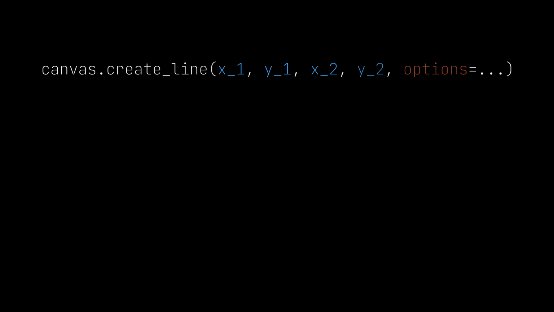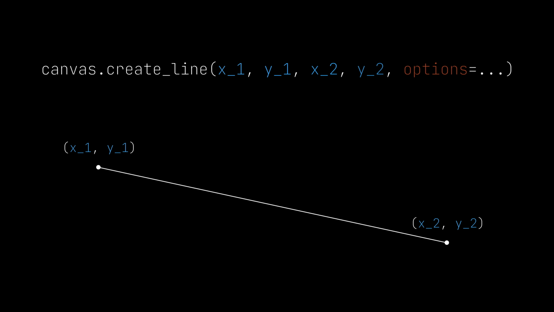Inside this function, we are going to use the canvas.create_line function to draw the lines. This function takes as input the coordinates of the starting point, the coordinates of the end point, and the options, and automatically draws a line between the 2 points.